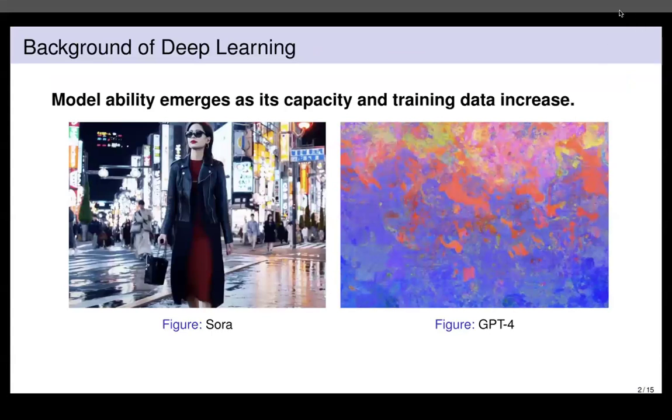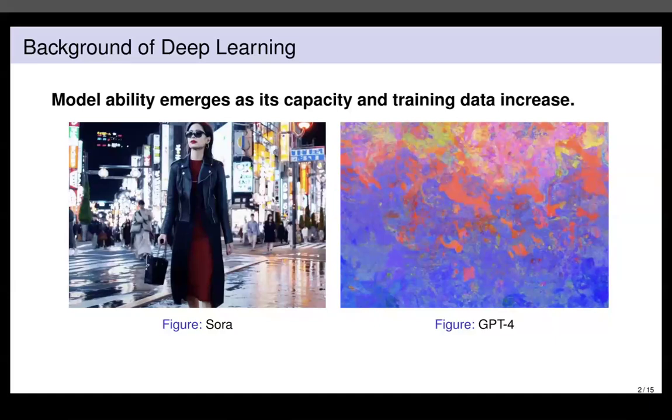So let's start from some background of deep learning. As we all know, the model ability will emerge as its capacity and the training data increase. For two examples, on the left of this figure, we can see the recently popular video generation model called Sora.